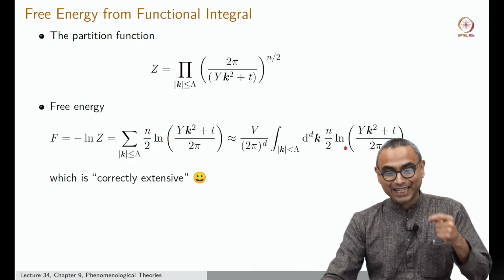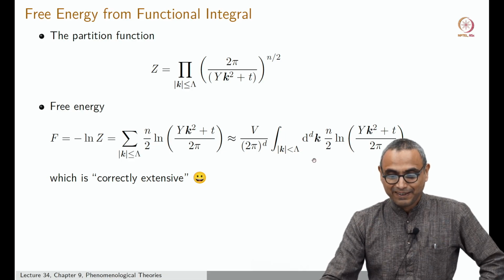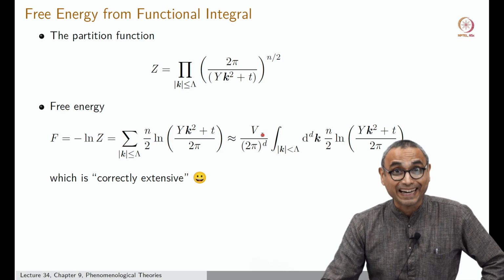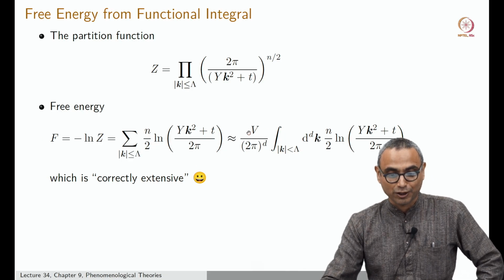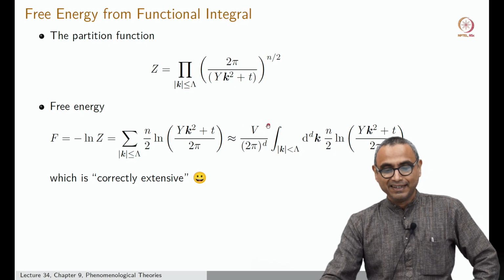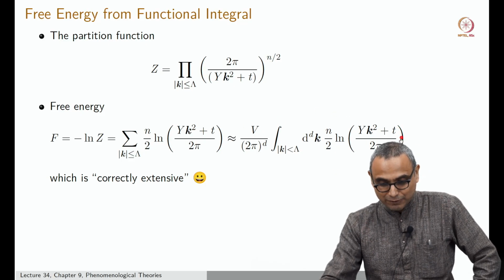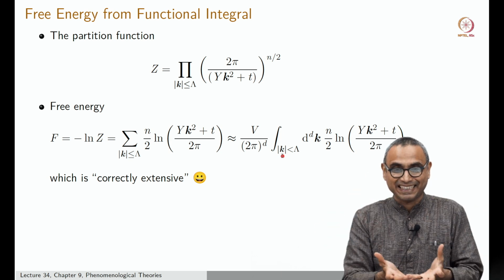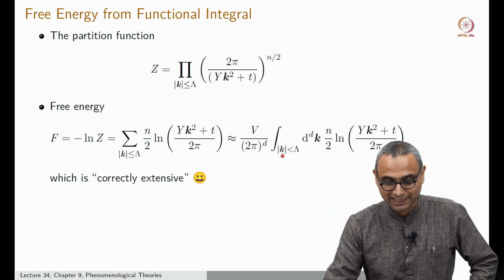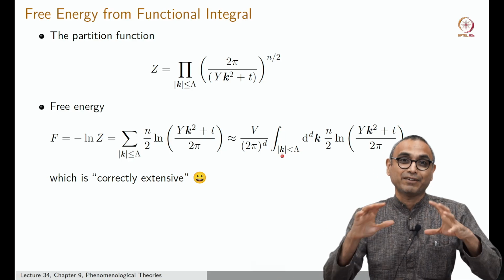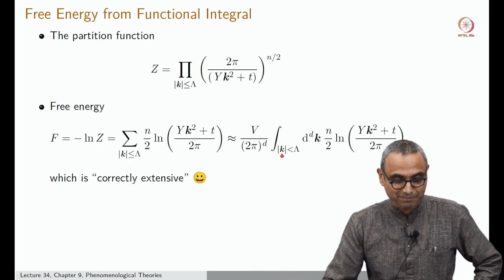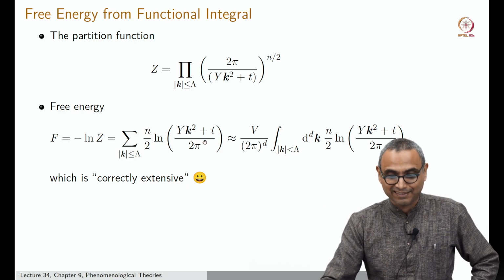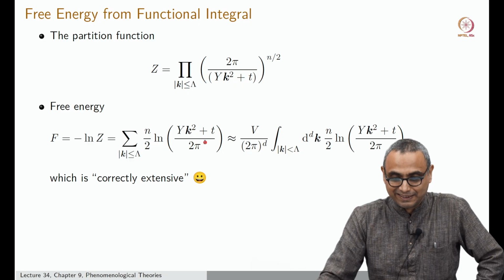What you see now is a very nice result which says that the total free energy is correctly extensive. It's proportional to the volume of the system times an integral of this function evaluated in momentum space in that region that we discussed, where mod k is less than or equal to lambda. This is something we should be very happy about, because this is turning out to be something meaningful at least.